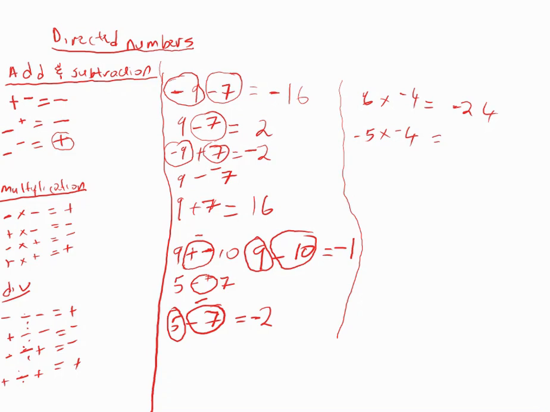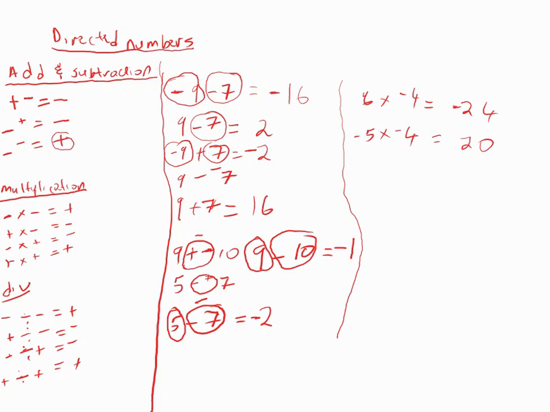So here 4 multiplied by 5 is how much? That is 20. We check here, it's negative and negative, so we have similar signs.